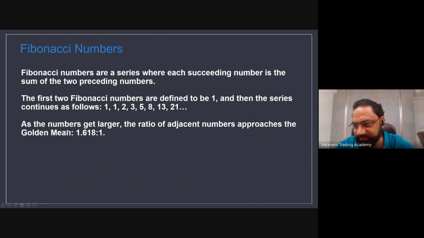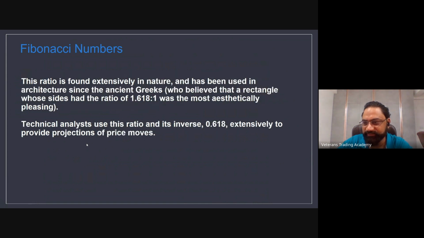People have realized that a lot of things, like the ratio of the bones of the hand and the forearm, again give 1.6. If you divide the length and breadth of the human body, the ratio is 1.6. So people assume that this is a natural phenomenon, that the ratio of 1.6 has a global meaning, and a lot of things in nature are in the ratio of 1.6. That's why it's very pleasing, and that's why some people feel the market also, because it is human nature, and human nature has the ratio of 1.6 everywhere, so the market also has a tendency to follow the ratio of 1.6.